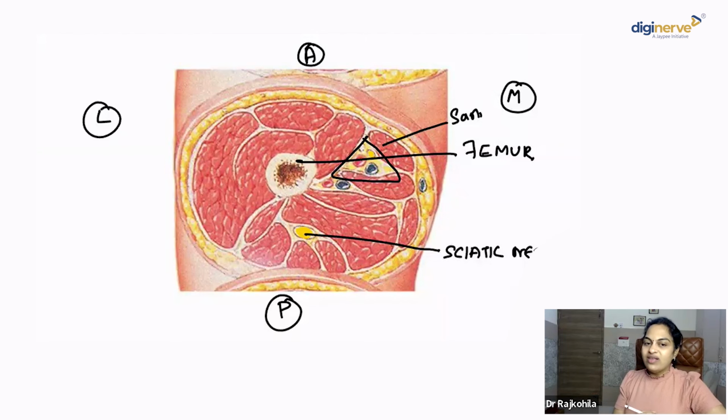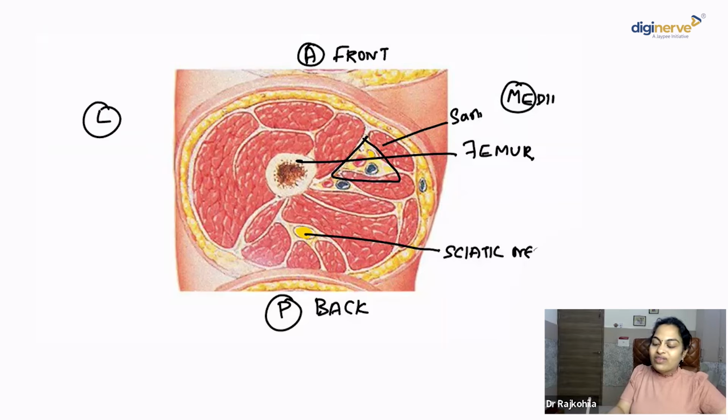So as far as the thigh is concerned, we can divide the muscles of the thigh into three compartments. The front of the thigh, the back of the thigh, right? And the medial side of the thigh. The muscles which lie in the front of the thigh cause extension of the knee.